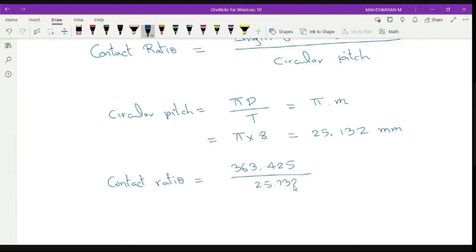The contact ratio is 14.461. So approximately 14 teeth are in contact.